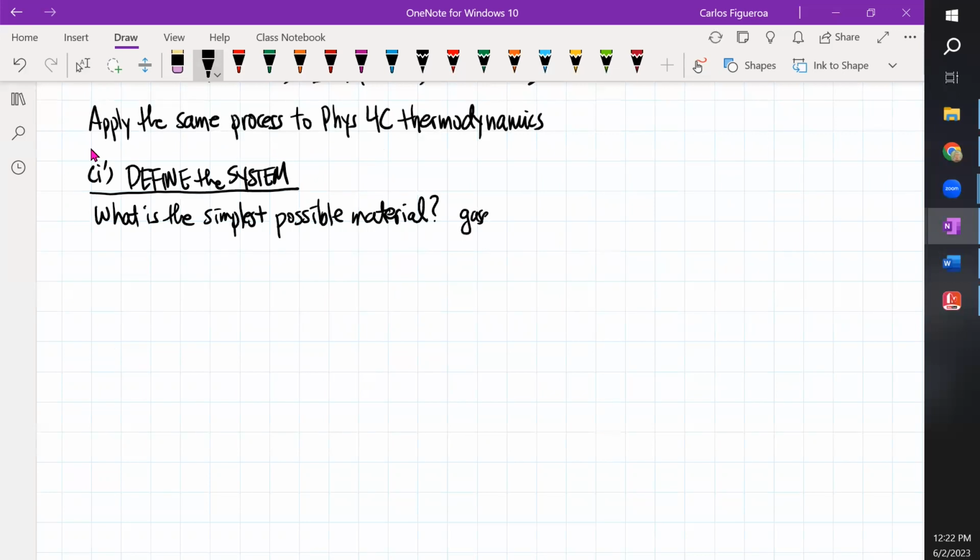If I look at gases, liquids, and solids, the easiest one has to be the gases. As a consequence, we pick the simplest material, the ideal gas, just like the center of mass in motion.